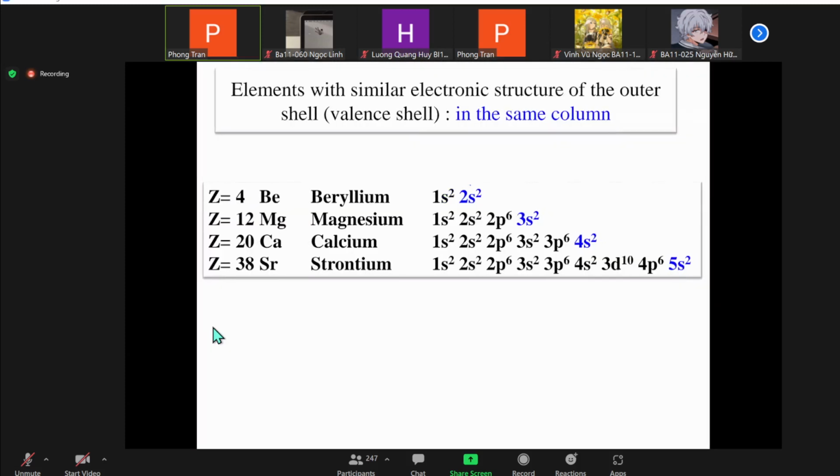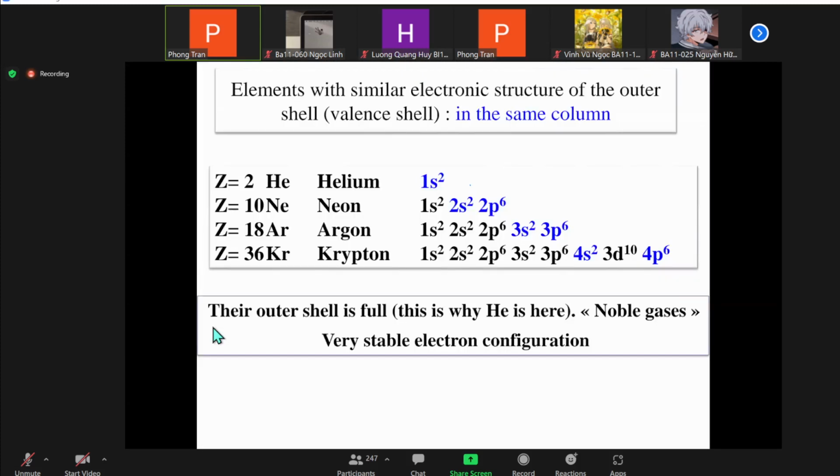For the same column 2A, beryllium, magnesium, calcium, strontium, you see that they have the same electron configuration. And when you talk about the noble gases, all the outer layers of the elements are filled with electrons. That means 2 electrons occupy the s orbital, and 6 electrons occupy the 3 orbitals of the p. So there is no single electron, and the chemical activity is very low.